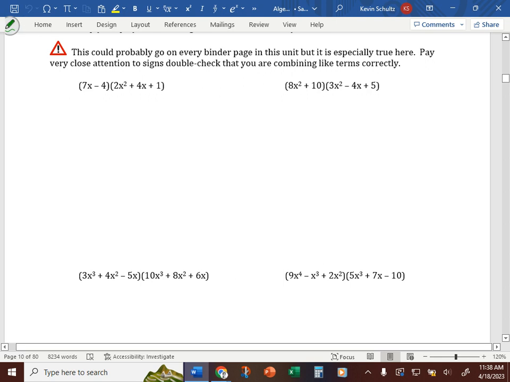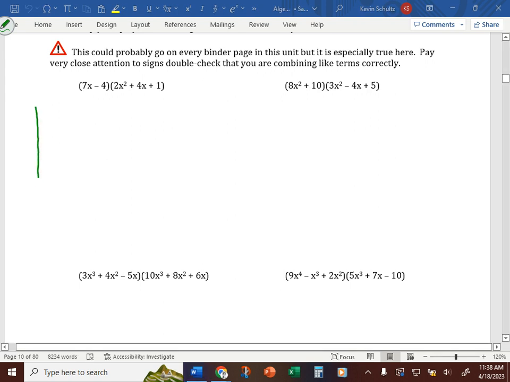I think that since it's what most of you use on PO48, it's going to translate really well to CO49. So the first one, 7x minus 4 times 2x squared plus 4x plus 1. What size box are we going to have to make here? A 3 by 2. And it doesn't matter if you've got 3 openings going down the side, 2 across, or 2 by 3, or whatever.